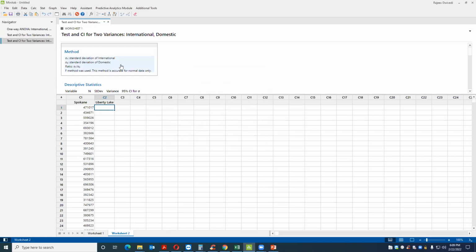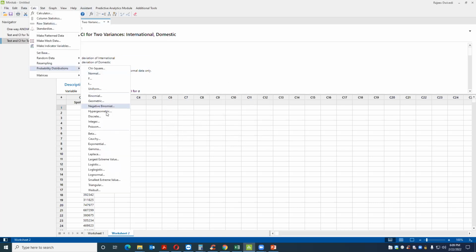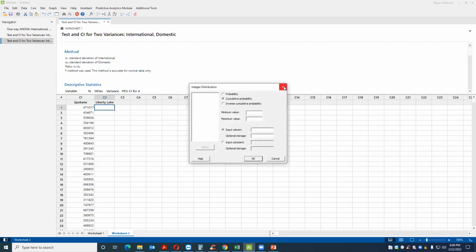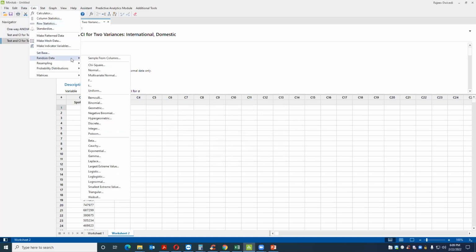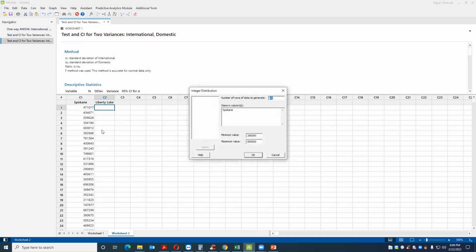But you have to look into the real values which are on Zillow. Similarly, I'm going to do the same for Liberty Lake.